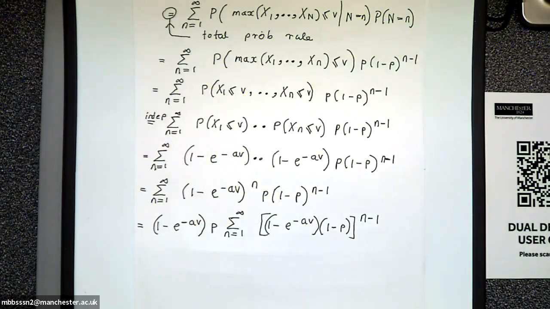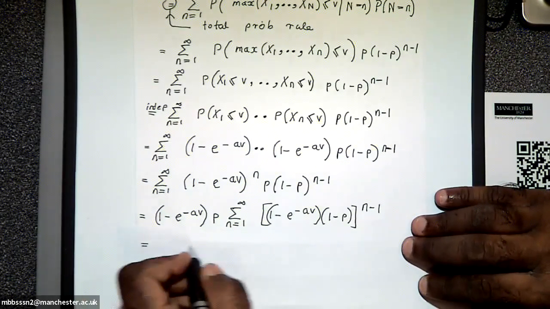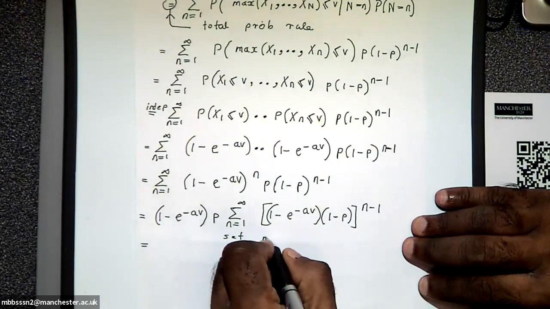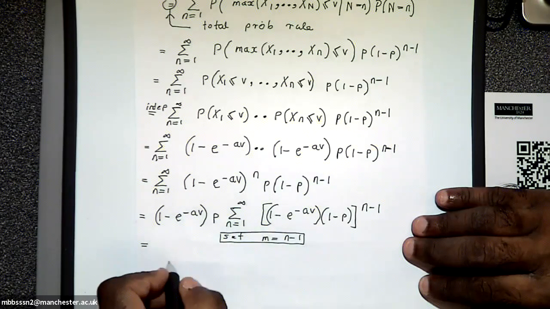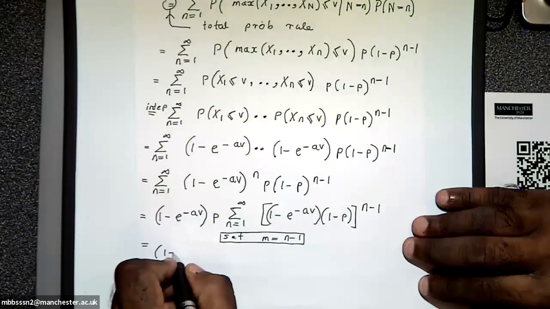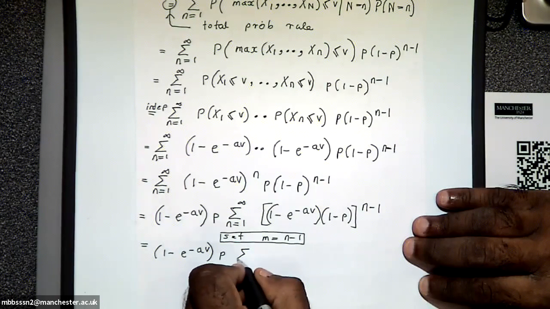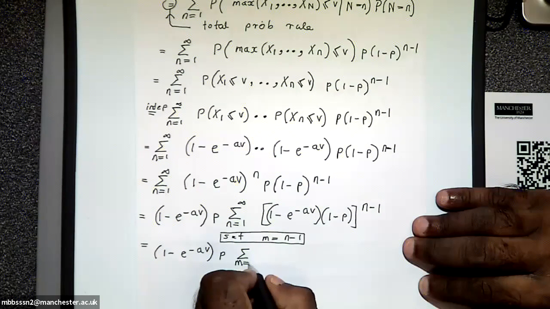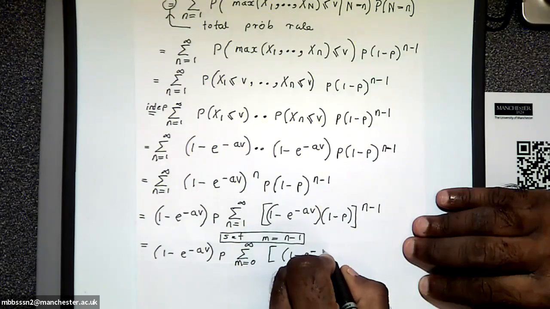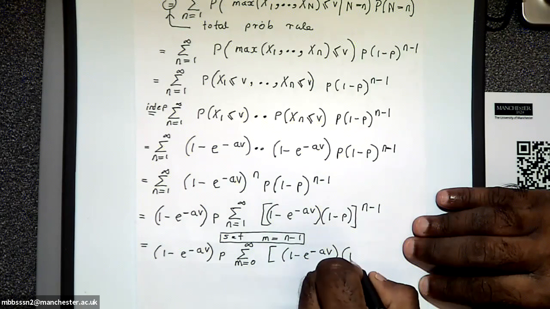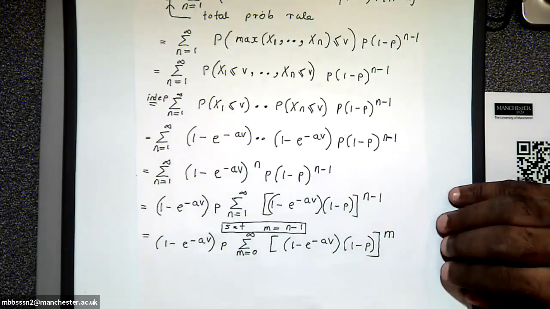All right, guys. I'm going to set m equal to n minus 1. If you do this setting, then the above will become like this.